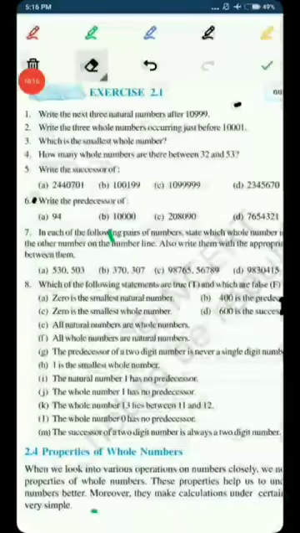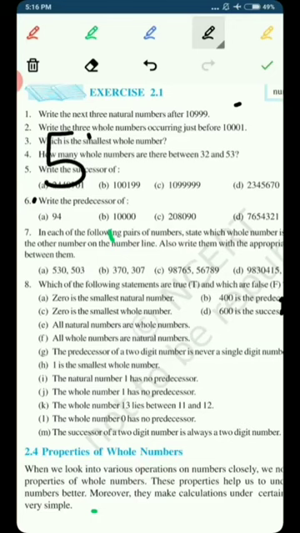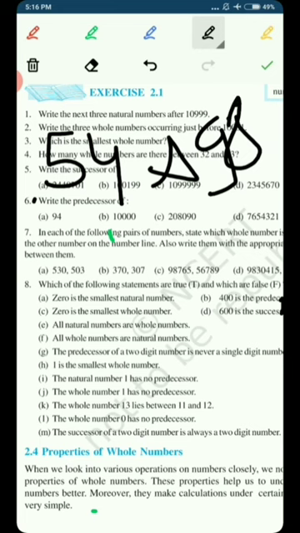If any one of you is confused, I will give one more example. Suppose they are asking you to find the number of whole numbers between 54 and 98.